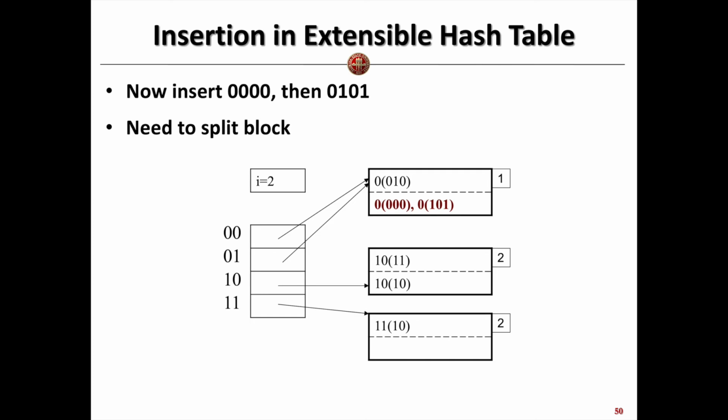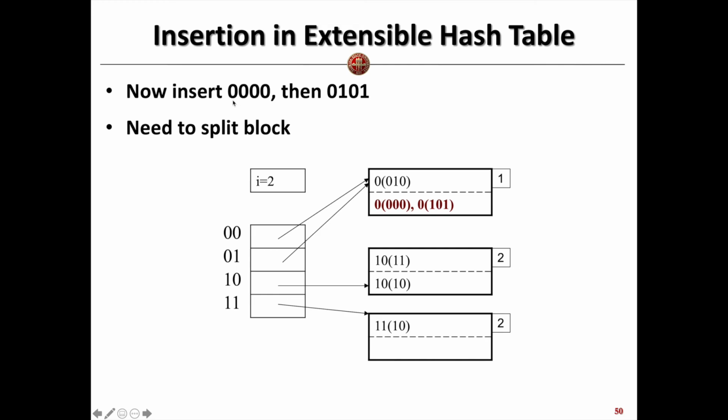Besides this insertion, if we plan to further insert some more keys into the hash table, how can we do this? Let's assume we plan to further insert 0000 as well as 0101. How can we do the insertion? When we insert the first one, 0000, according to the hash function right now, we have to check the first 2 bits. We check 00.